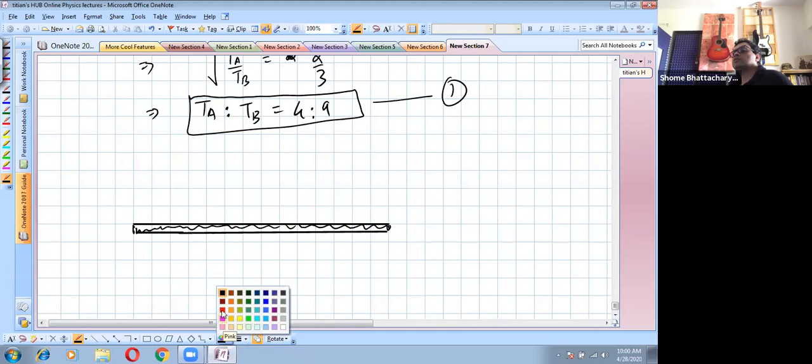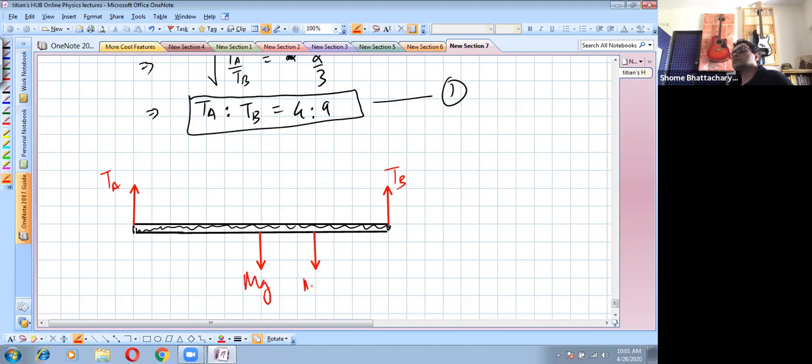Now for the rod, you can see that there are two tensions acting here, its own weight acting through the midpoint, and the weight of the other thing acting like this. That's it.